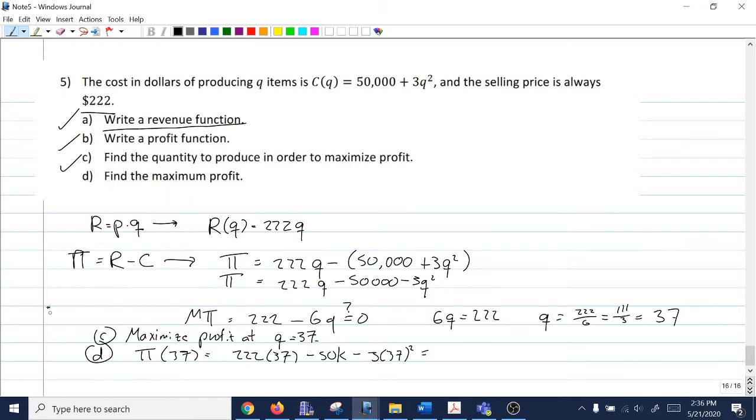Negative 45,893. The best we can do is be 45,000 in the hole. Cool. It's a little disconcerting that our profit is negative. That's fine. It doesn't change the math at all.